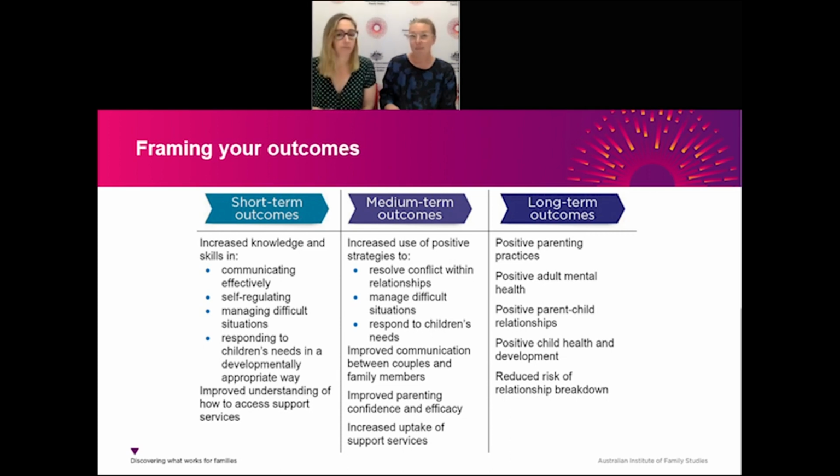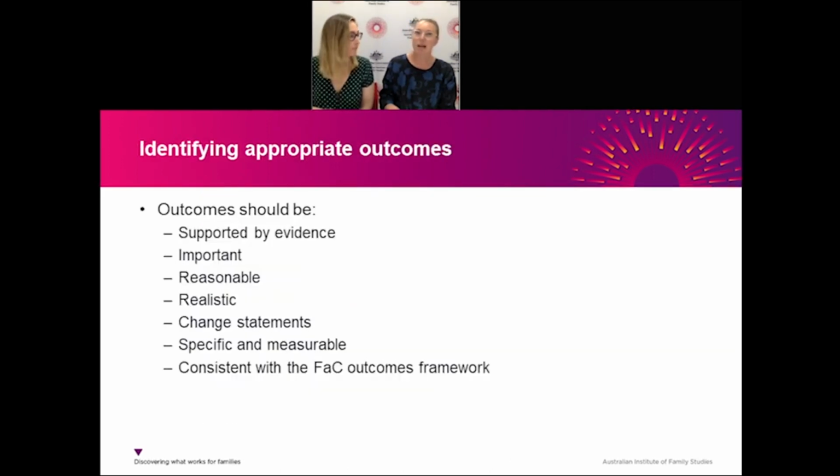Well, I would start by consulting the literature and other forms of evidence to see what's known about what works in terms of addressing the problem or need in my community and supporting the target groups and the types of services that I'm running. The outcomes in our example are based primarily on published research, journal articles and grey literature, about what's known about effective interventions and about behaviour change.